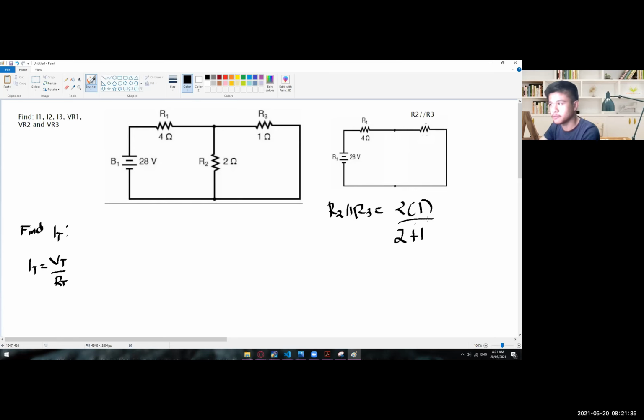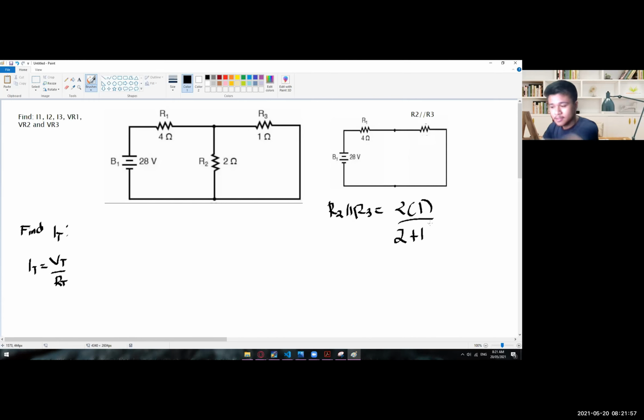Were you able to follow how we got this expression right here for the parallel of R2 and R3? How about the others? Just give me a thumbs up if you were able to follow up to this point. And if you have a question, feel free to ask, feel free to raise your hand anytime.